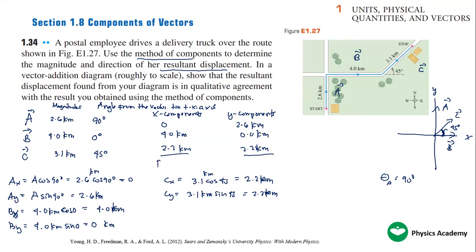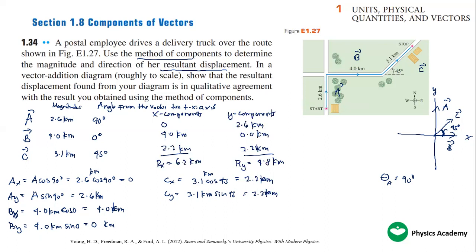To find Rx and Ry, the resultant components along x and along y, we have 6.2 kilometers and 4.8 kilometers. Those are our resultant components in both x and y directions.